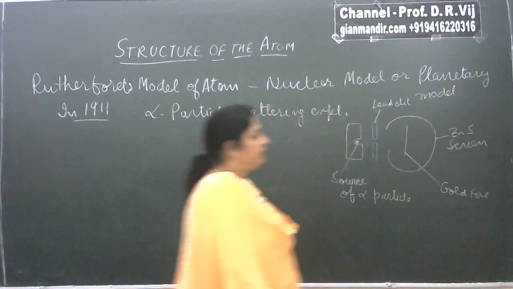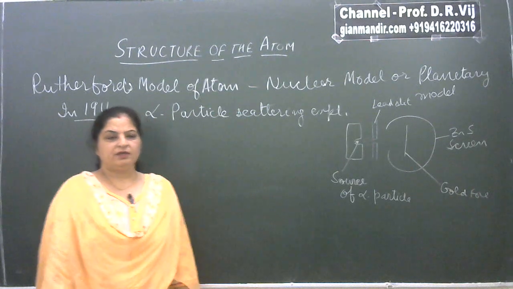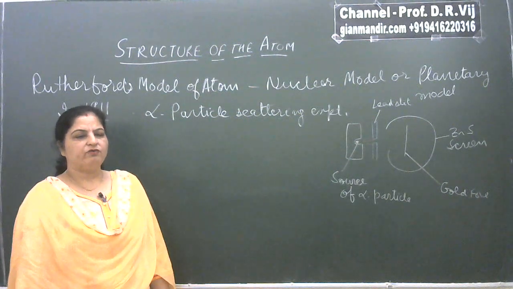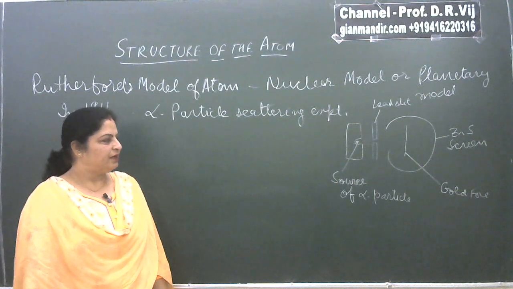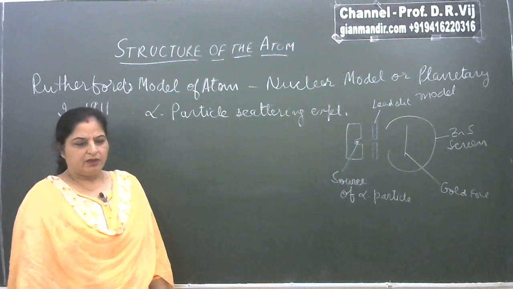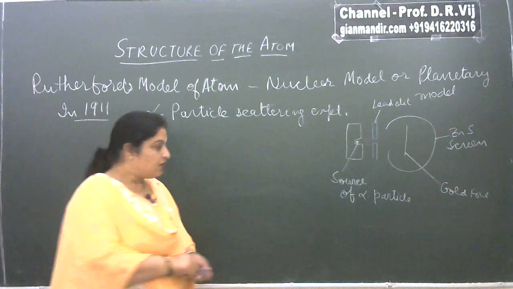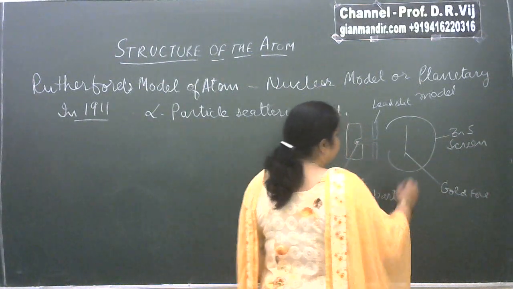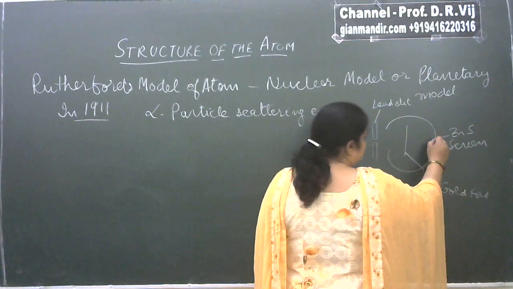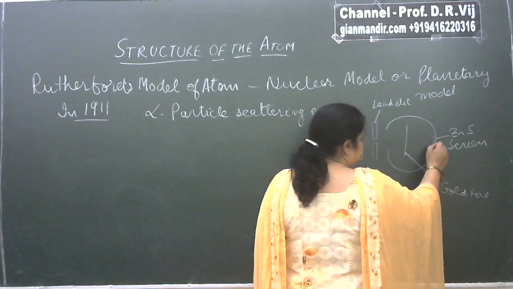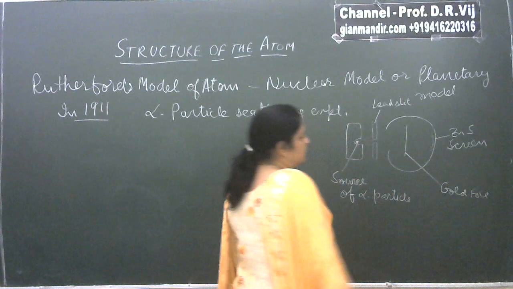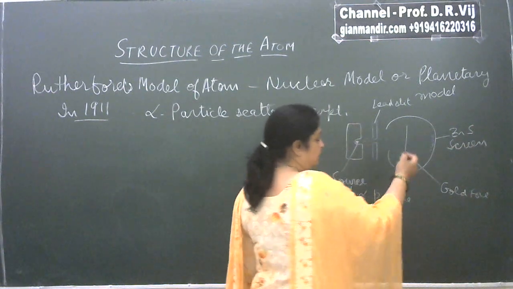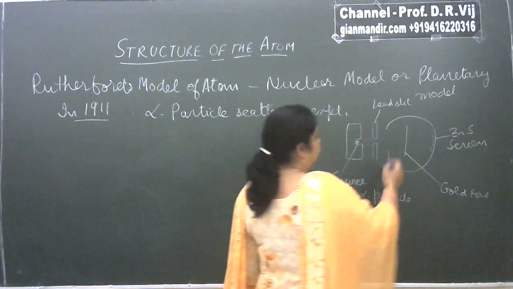As you already know, zinc sulfide is a substance which produces a glow whenever a charged particle hits it. Rutherford found that most of the glow was just in front of the sheet, showing that most of the alpha particles go straight.